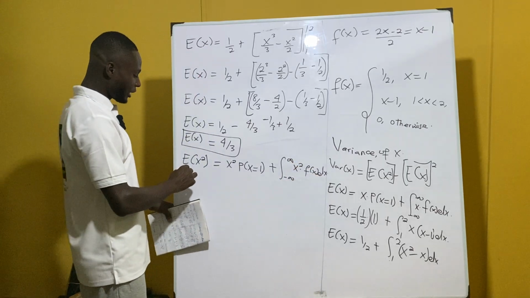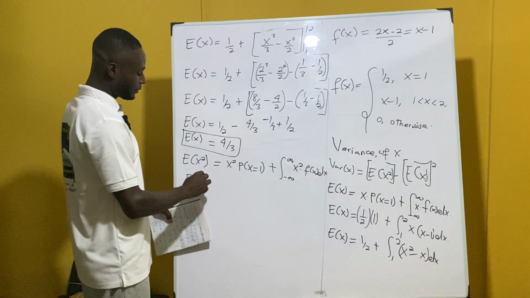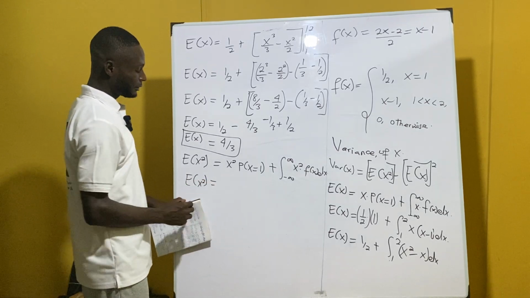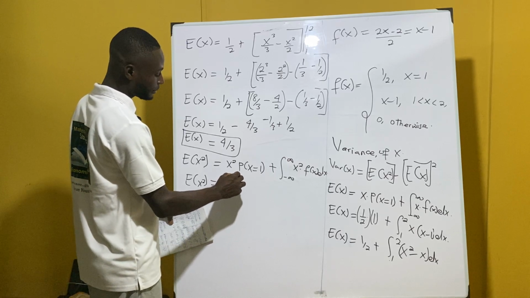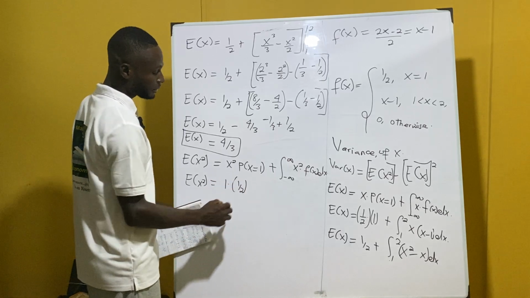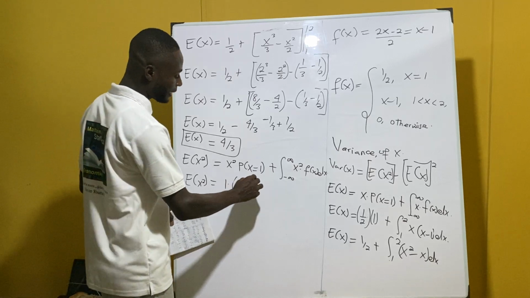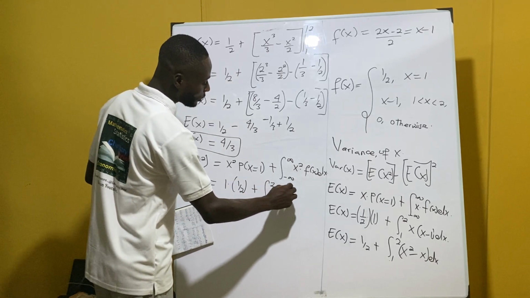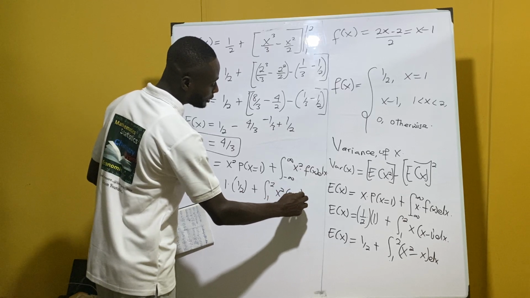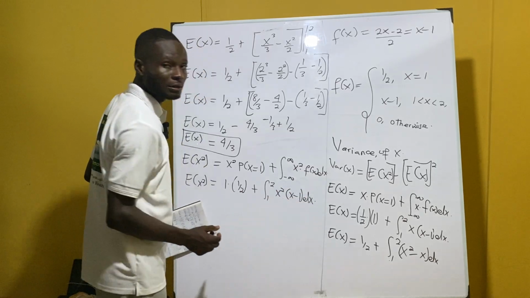So we have the second moment: 1 times the probability of x equals 1, plus the integral from 1 to 2 of x squared times x minus 1 dx, right?